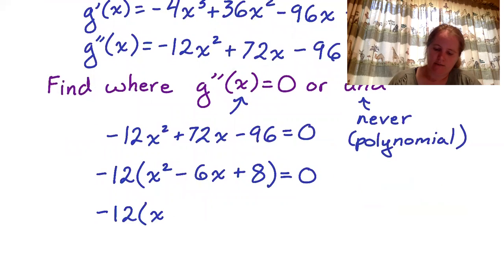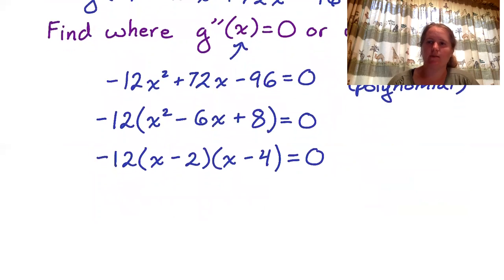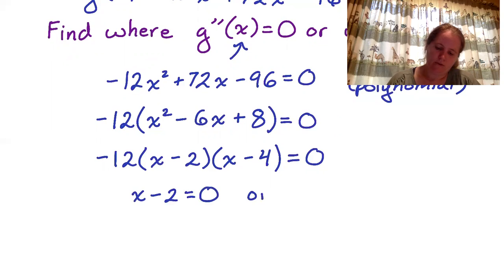We'll have an x minus 2 times an x minus 4. So we have negative 12 times x minus 2 times x minus 4 equals 0. And therefore, either x minus 2 equals 0 or x minus 4 equals 0. And we get x is equal to 2 or 4.